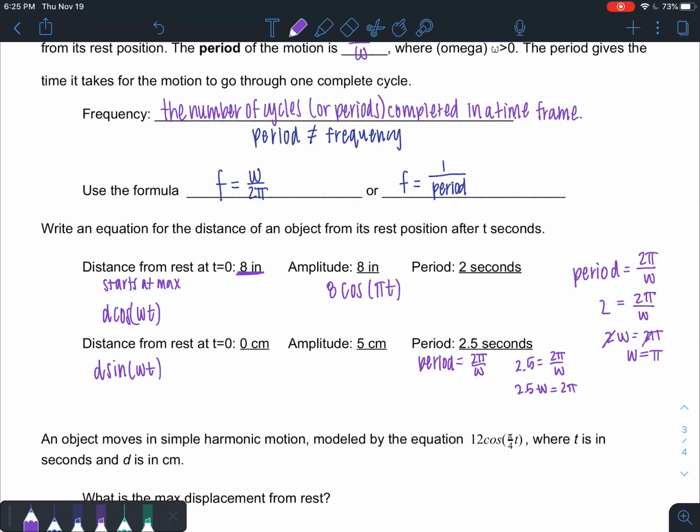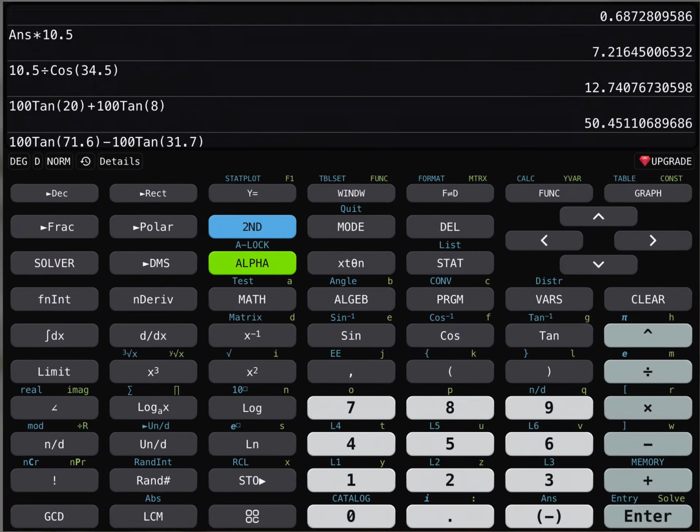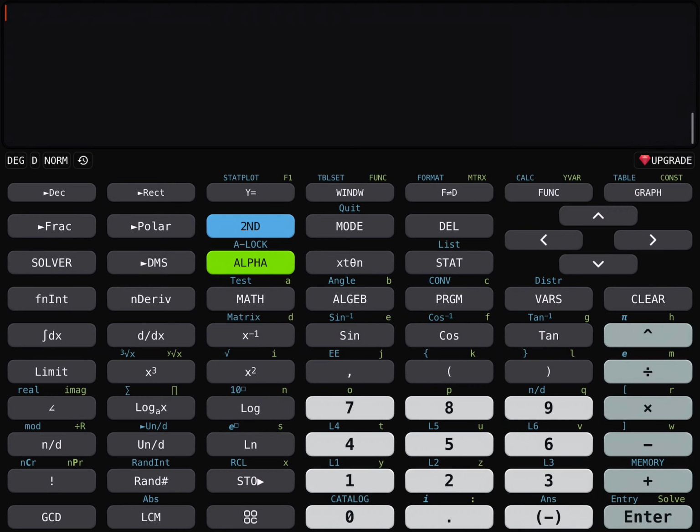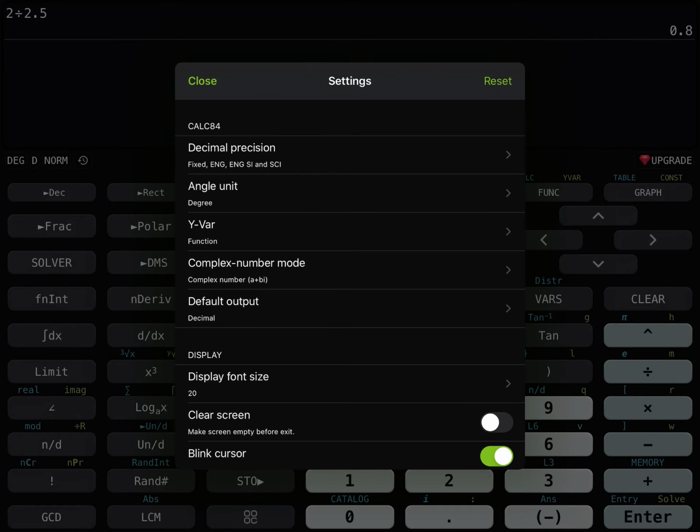Divide both sides by 2.5, so omega equals 2 pi over 2.5. We're just going to do 2 divided by 2.5 in our calculator. And we get 0.8, and then you can turn it into a fraction.